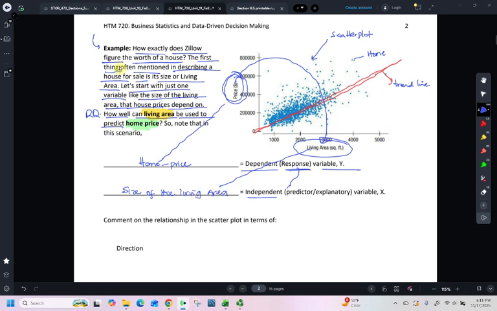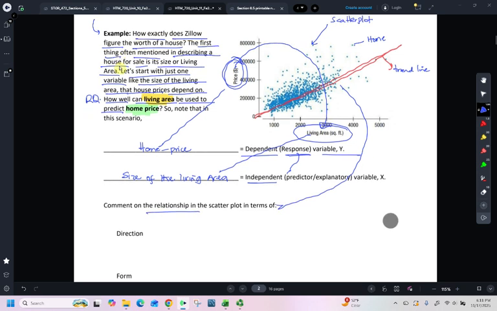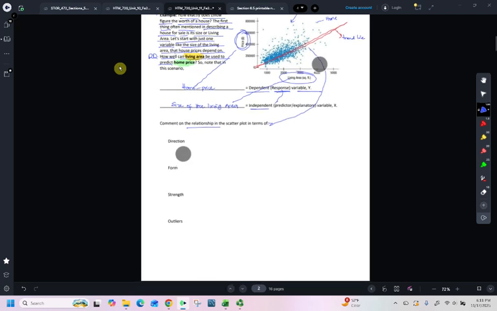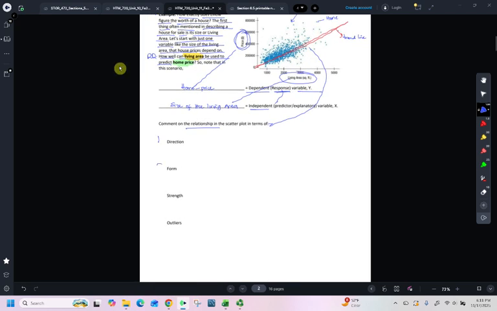And if we are to comment on the relationship between these two variables based on the trend line we can see in this plot, this is what we can say. There are four key areas where we will need to comment: 1, direction; 2, form; 3, strength; 4, outliers.